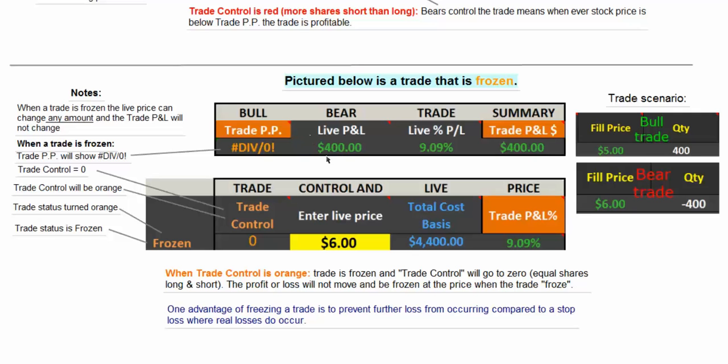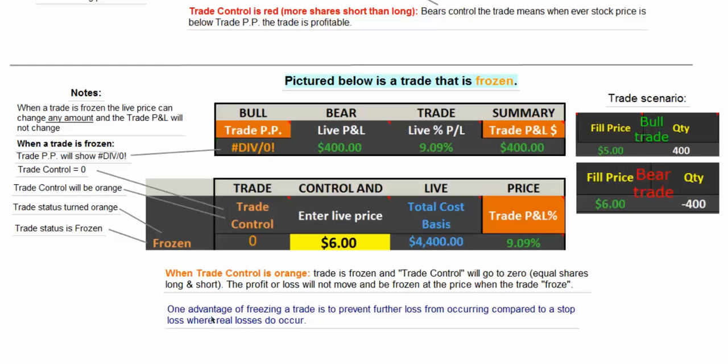And what's really important to note is, why do you even want to have this trade situation to begin with? When a trade is frozen, the live price can change any amount and the trade P&L will not change. The advantages of that are explained right here.